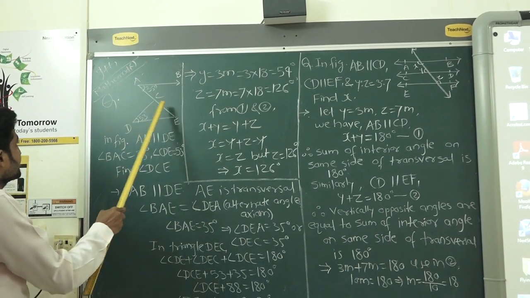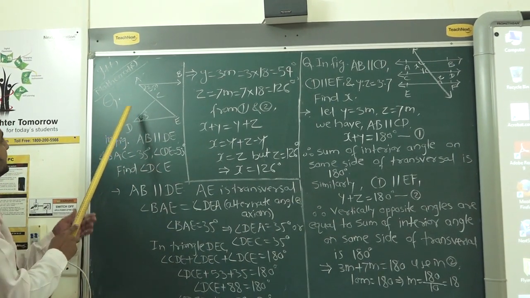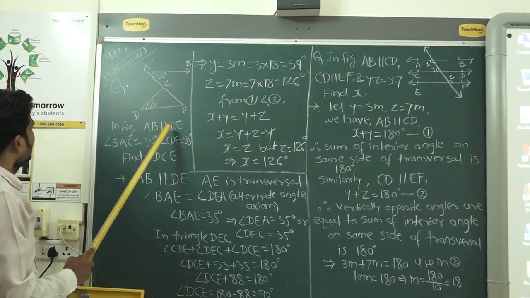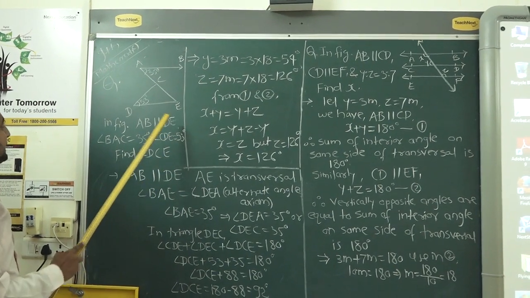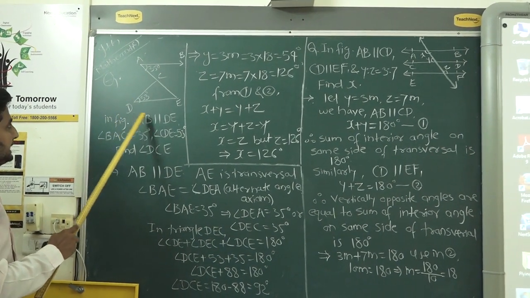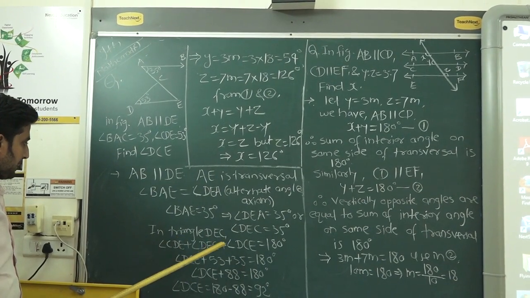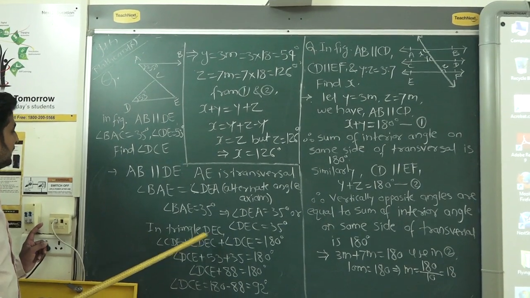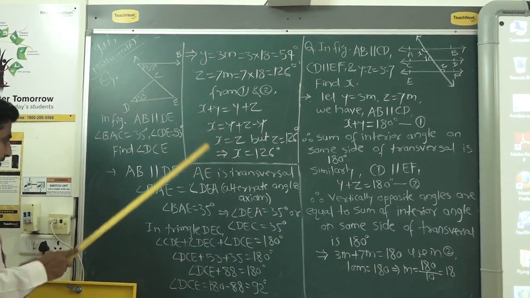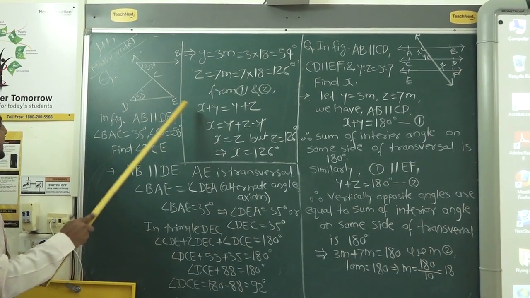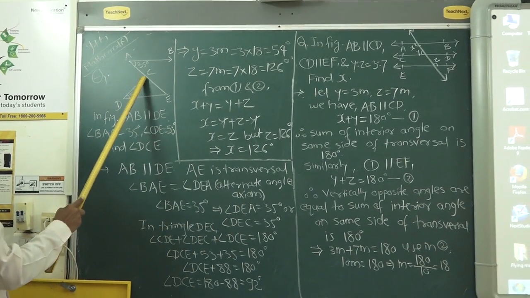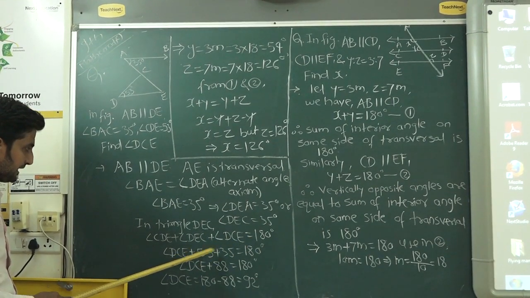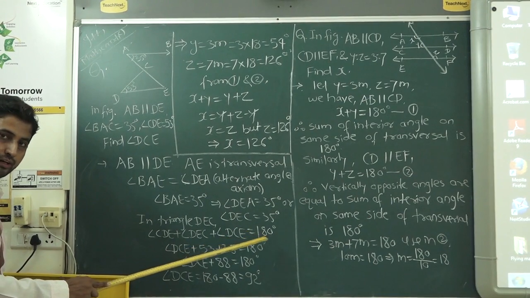Now, watch this triangle carefully. This is the triangle in which we are asked to find the angle DCE. So, in this triangle DCE, angle CDE plus angle DEC plus angle DCE is equal to 180 degree, because the sum of all angles of a triangle is 180 degree, that we know.